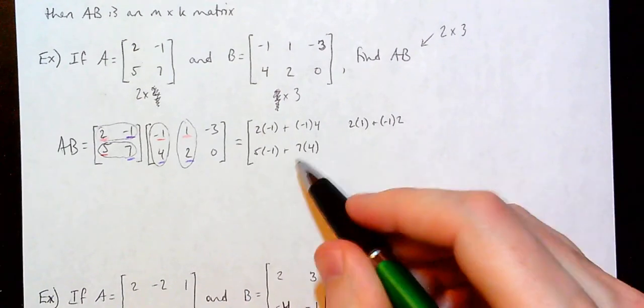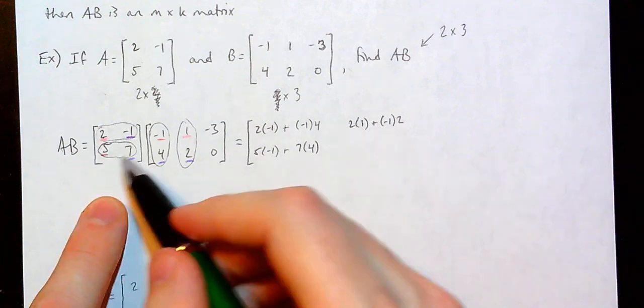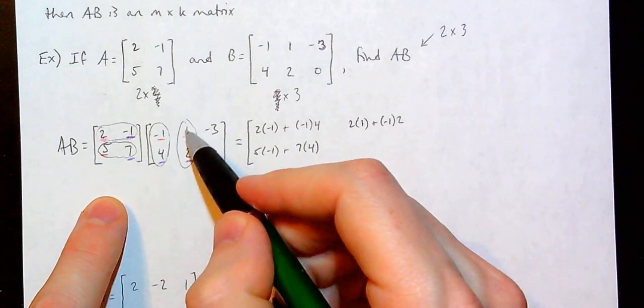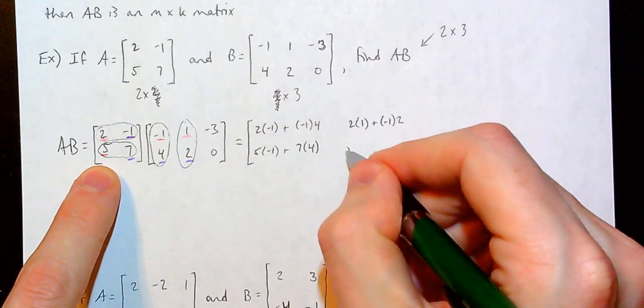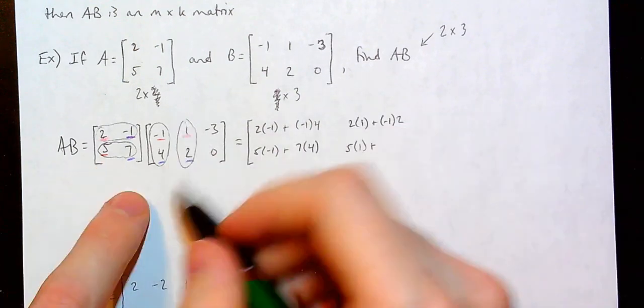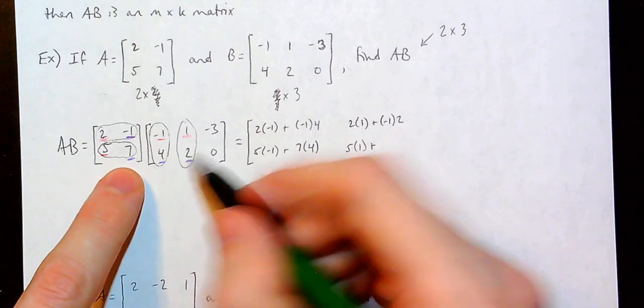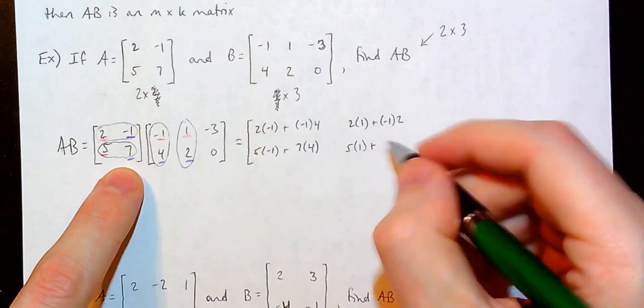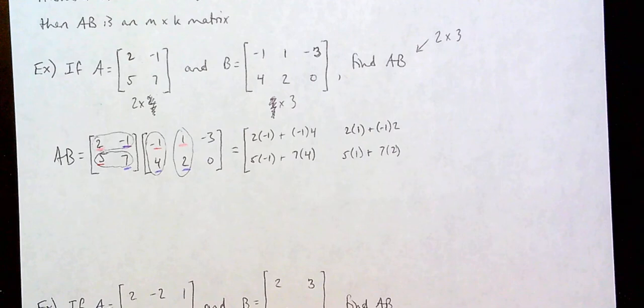All right, entry in second row, second column. I'm looking at second row, second column. Product of the firsts, 5 times 1, plus the product of the seconds, 7 times 2. All right, only 2 more entries to go.